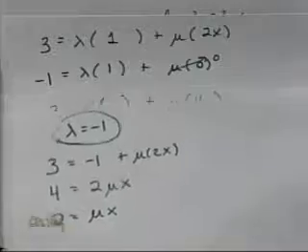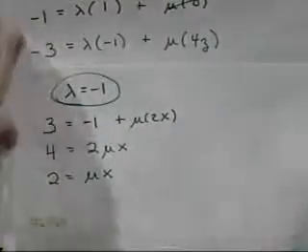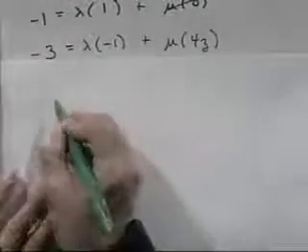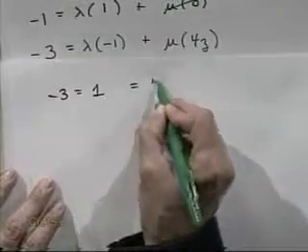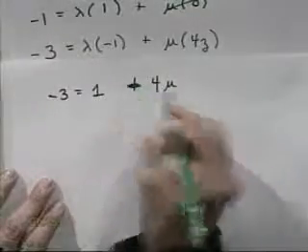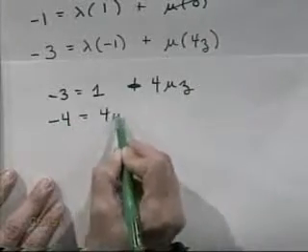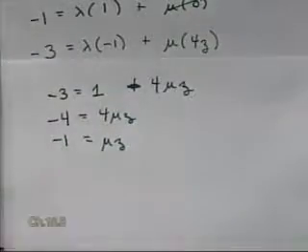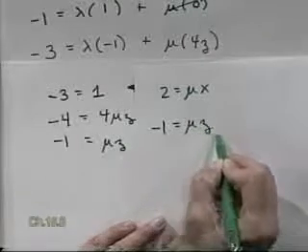Now looking at equation 3 here, since we know that lambda is negative 1, I have negative 3 is equal to negative 1 times negative 1, which is 1, plus 4 times mu z. Subtract 1 on both sides, and I get mu times z is negative 1. Negative 1 equals mu times z.